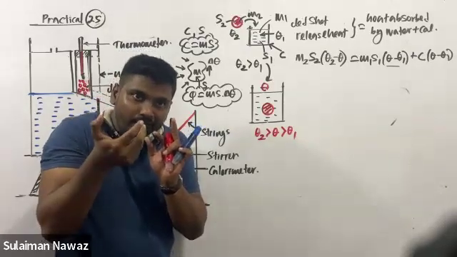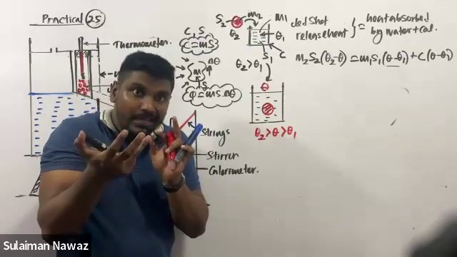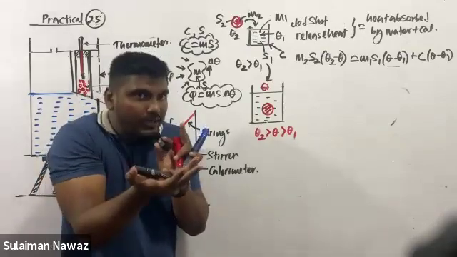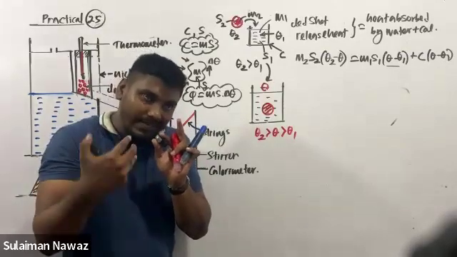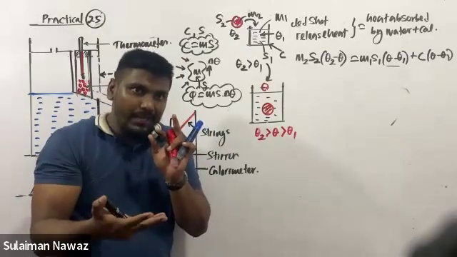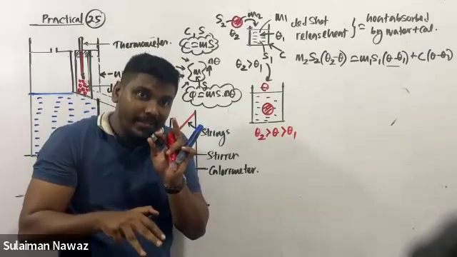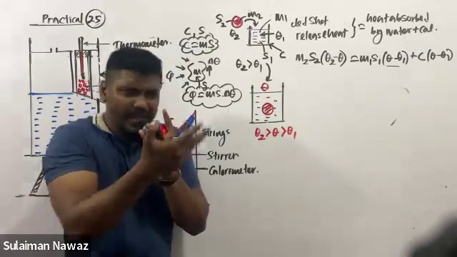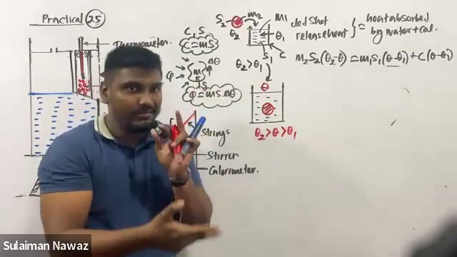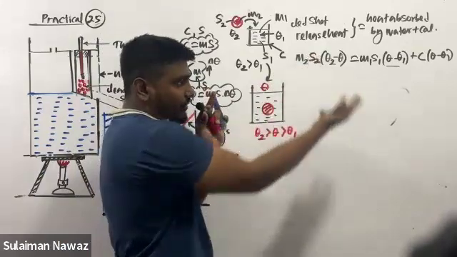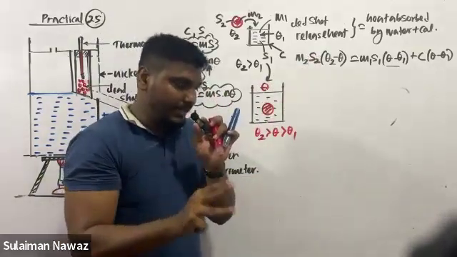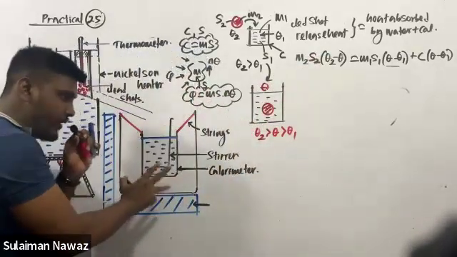Then we put that heated lead shots into the water at room temperature. Lead shots release heat, water absorbs heat, and they will come to an equilibrium temperature. So we are going to have an equation like this, and from this equation, we are going to find the specific heat capacity of lead shot. That is the practical.